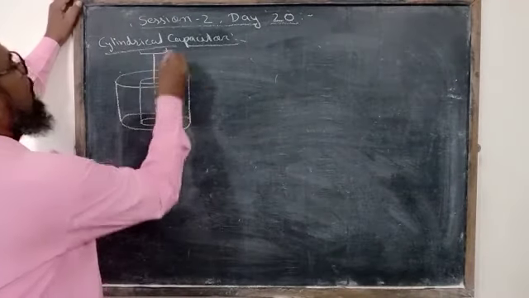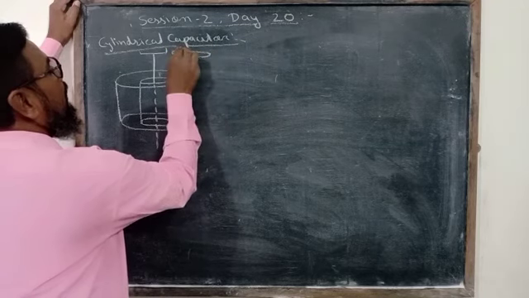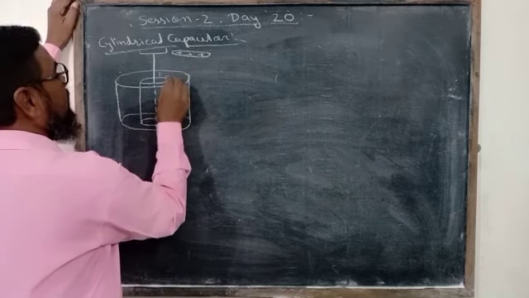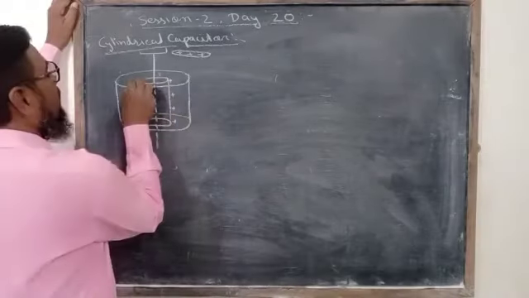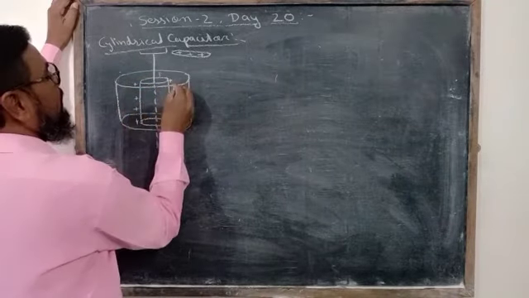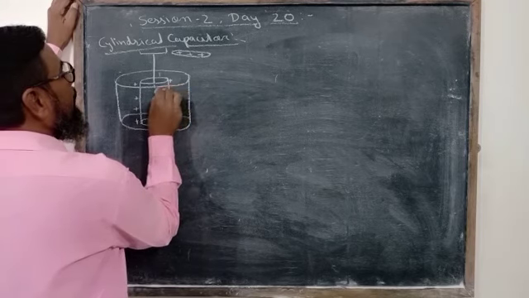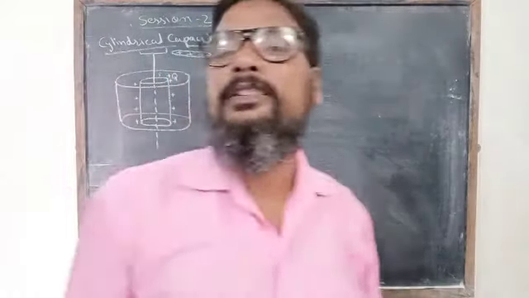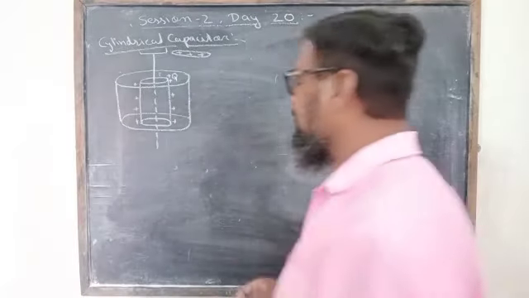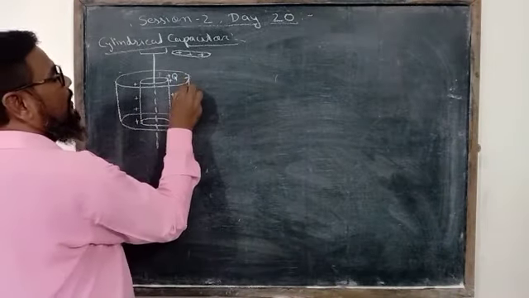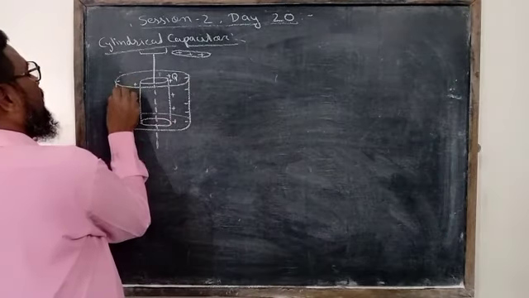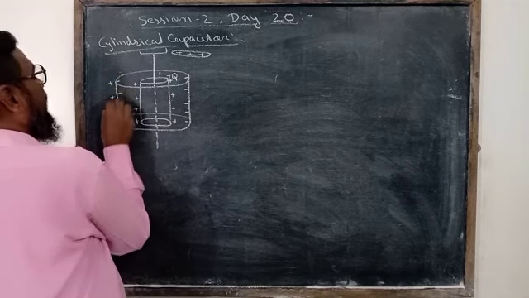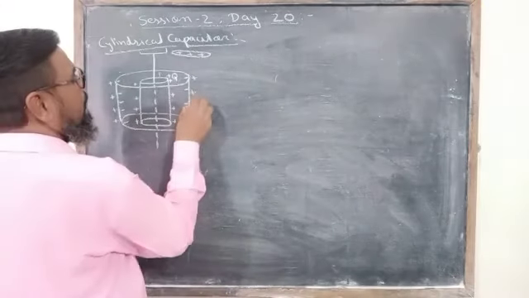Now when we give some charge to the inner cylinder, it accumulates at the outer surface of the inner cylinder, like it is plus Q. Then by the process of induction, minus Q and plus Q charges are induced at the inner and outer surfaces of the outer cylinder.